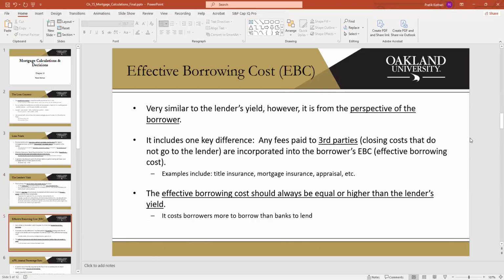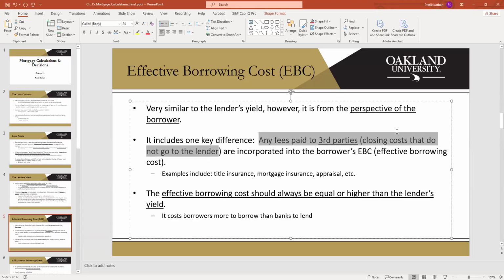Okay. Now let's look at the other side of this equation, which is the effective borrowing cost. This is basically how much it costs the borrower to take a loan. So very similar to lender's yield, but it's from the borrower's perspective. This includes one very key difference: any fees that are paid to even third parties, not just the lender's closing cost.